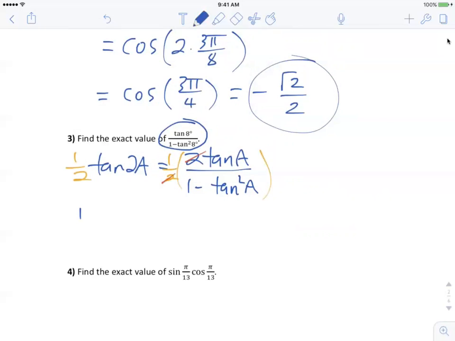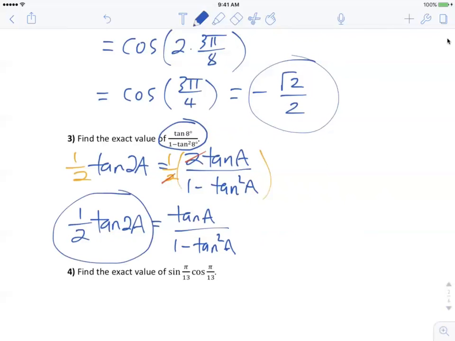And I have now 1/2 tangent 2a, and that expression is exactly what's given, where a is 8 degrees. So I'm going to write this side, just replacing a with 8.